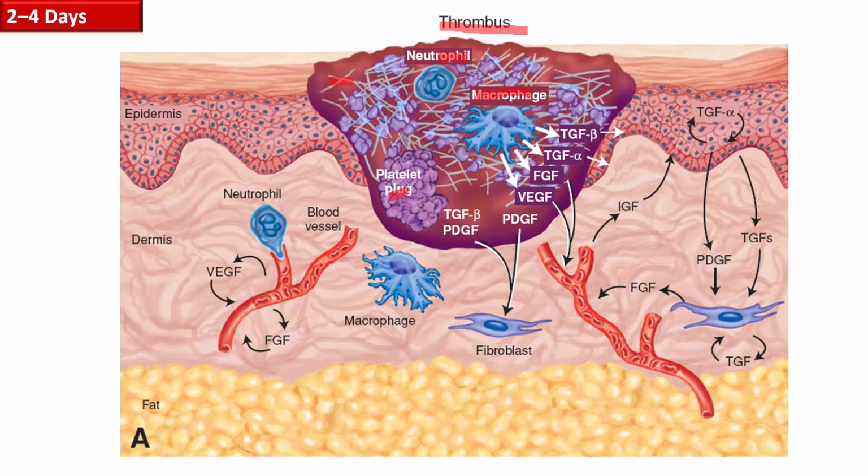This thrombus, when it dries on the surface of the skin, is termed as scar or scab. Its primary function is to act as a temporary barrier to prevent infection and initiate the repair process.